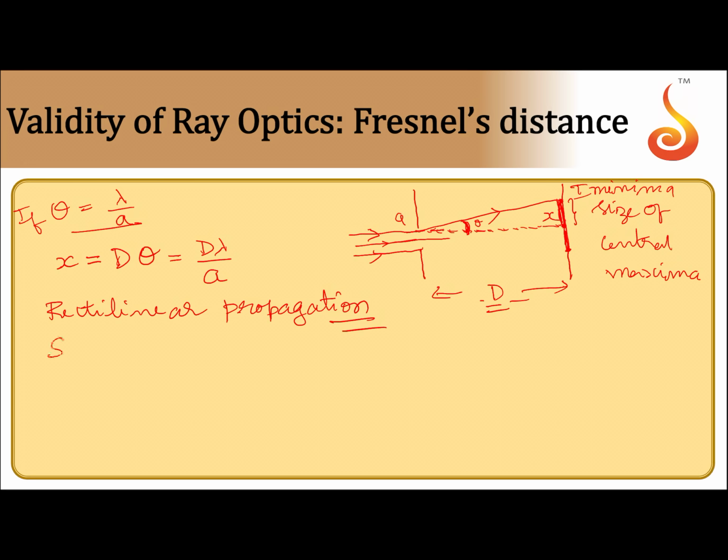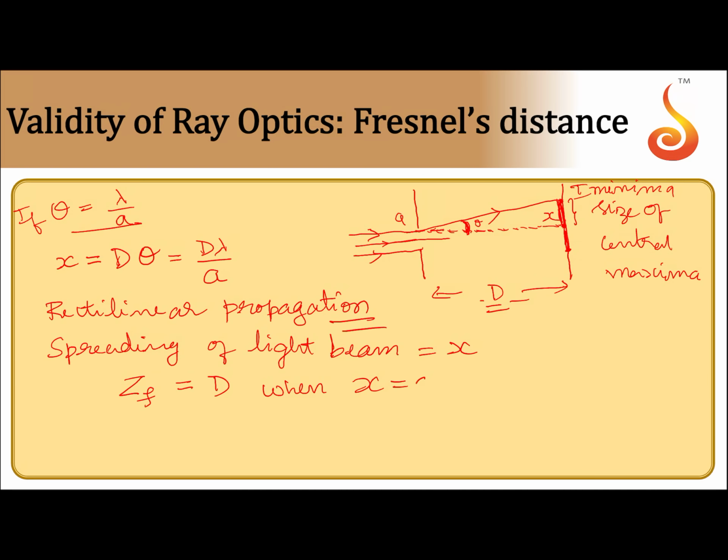So the spreading of the light beam is equal to x. Fresnel distance is denoted by ZF. ZF is equal to d when x is equal to a.